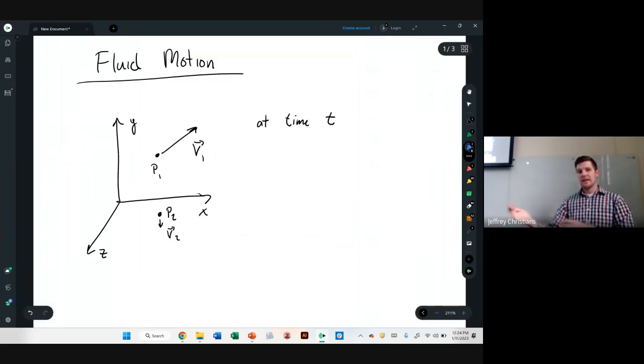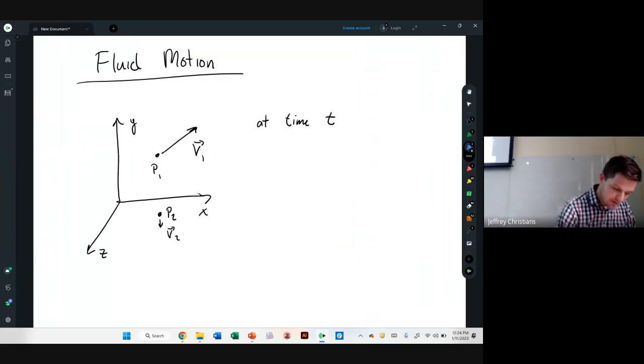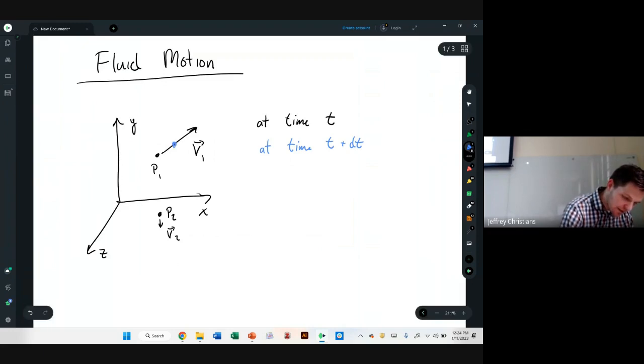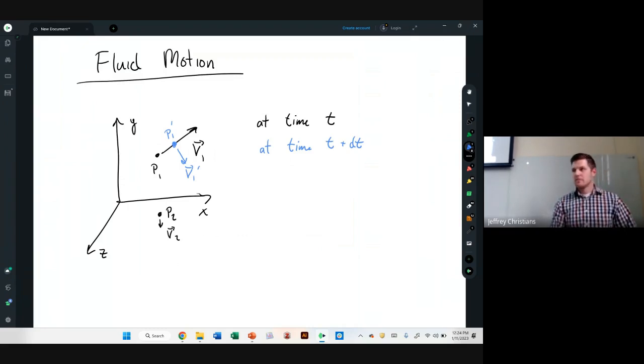We can then look at it a little bit later, at time t plus dt, some amount of time later. So P1 maybe has moved to here. And now its velocity has changed. We'll call this V1 prime and P1 prime. It moved a little bit, but the velocity changed.